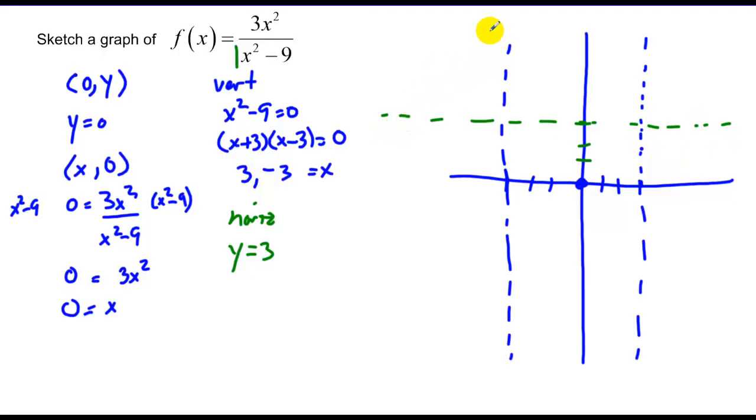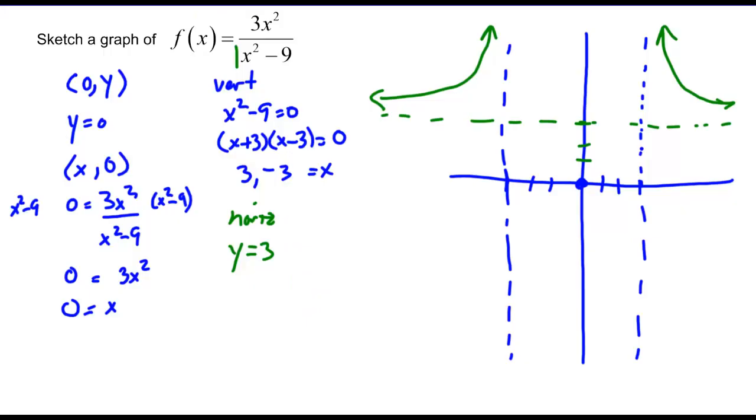Therefore, I know that the very left has to look something like this, and the very right has to look something like this. I'm not so sure what the middle looks like. It could be going down in both directions. It could be going up like this. It could be coming down like this. There's a whole bunch of options, so I've got to pick a couple of points.